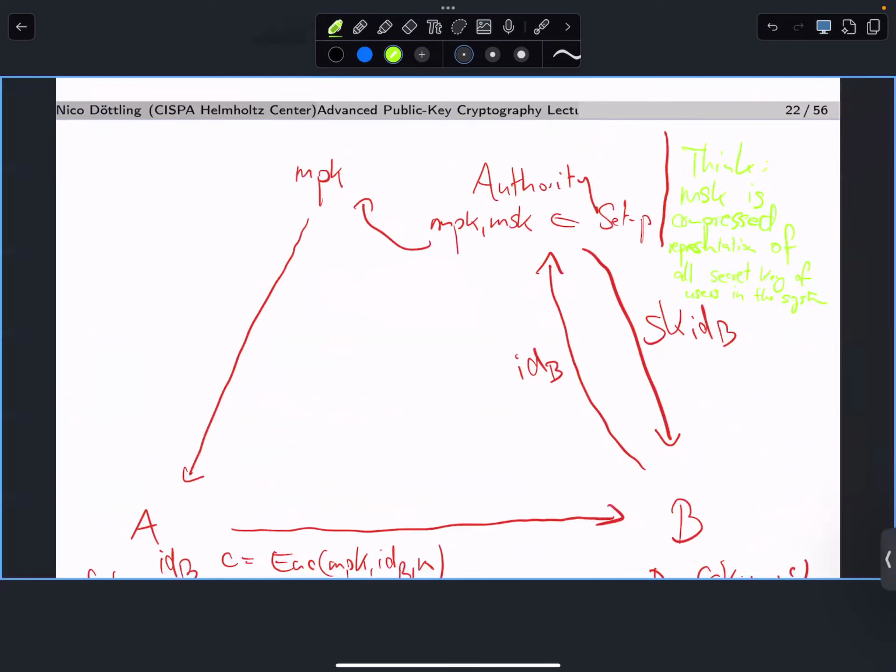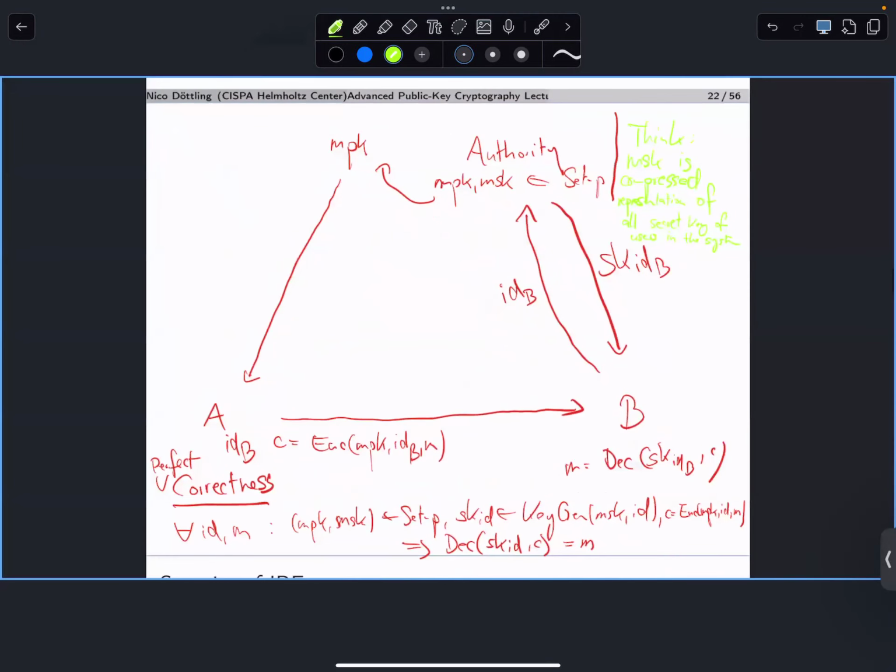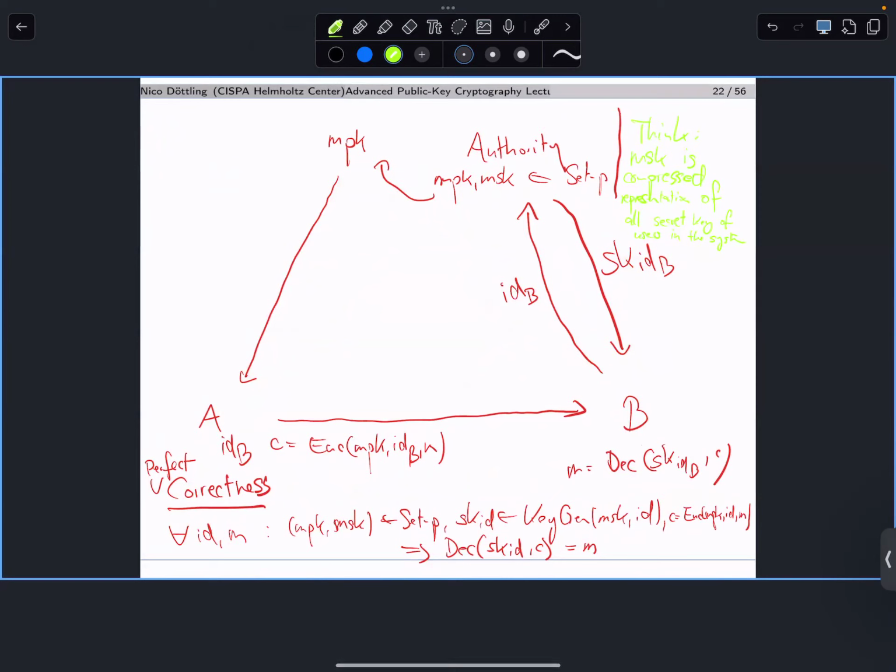Both master public and master secret key are short. They're just strings of, let's say, 1024 bits or something, but there might be exponentially many users in the system. And you can think of this master secret key as a compressed version of all secret keys in the system.